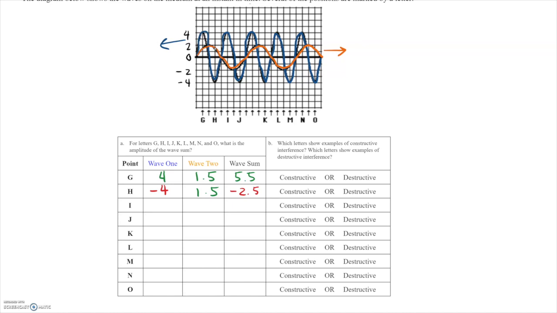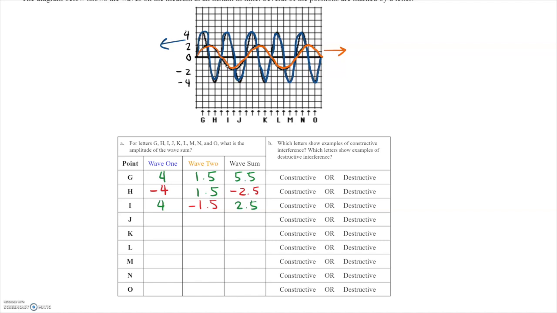If we move on to point I over here, for I, wave 1, which is the blue wave, has an amplitude of 4 again. And wave 2 has an amplitude of -1.5. Which means if we add these two things together, at point I, the wave sum is 4 plus -1.5, which would give us a +2.5.